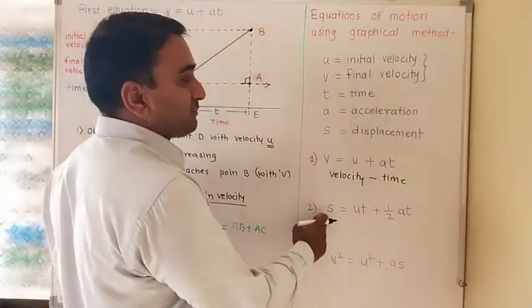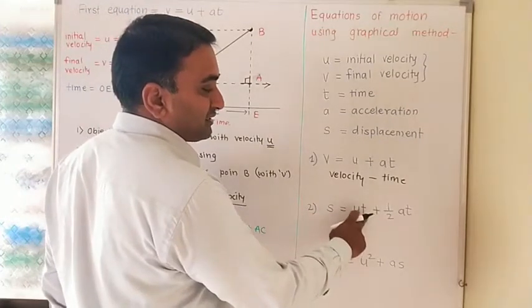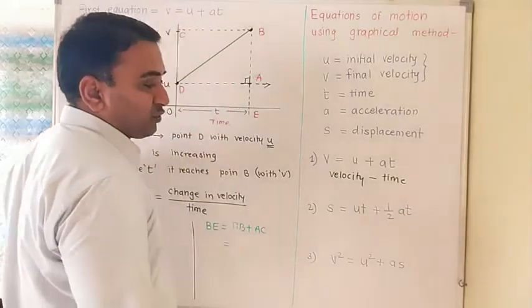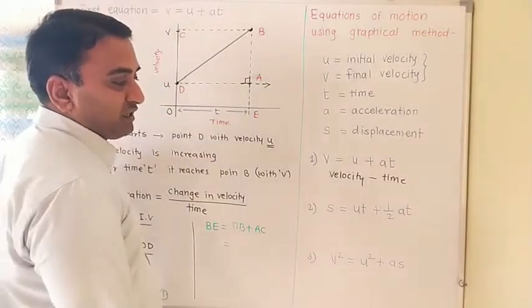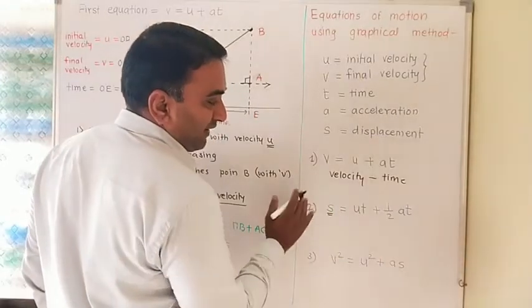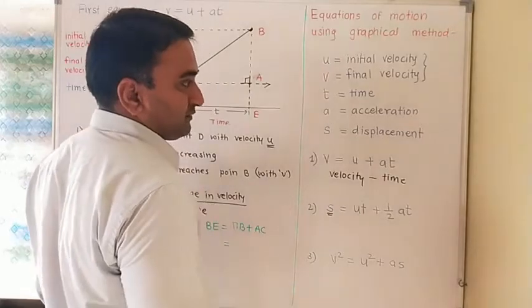Okay, see what is s? s is the displacement, u is initial velocity, here we have time, plus 1/2 at squared. So within this equation we have displacement on one hand, and velocity and time on the other hand.